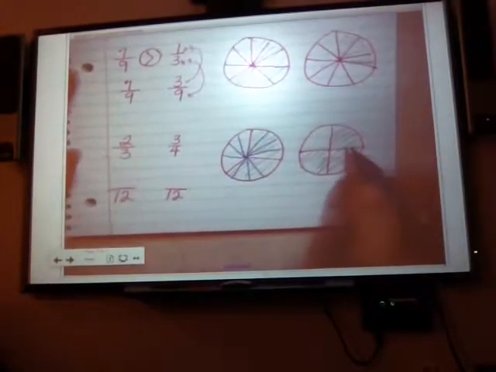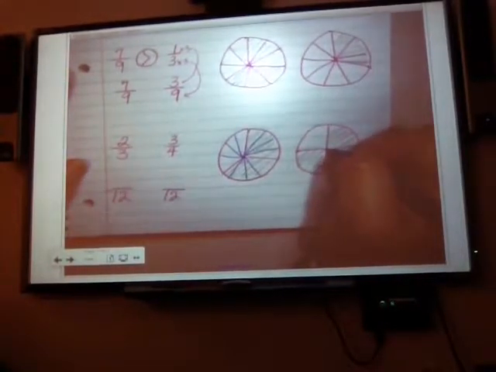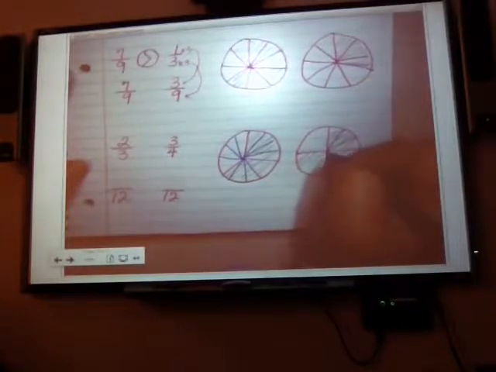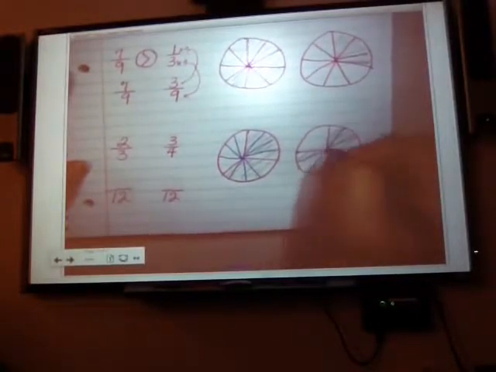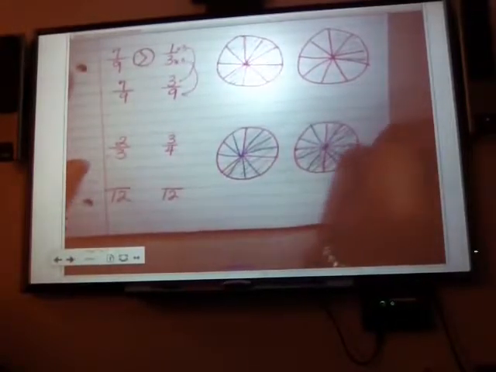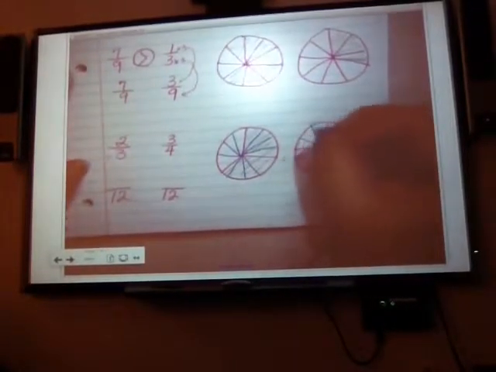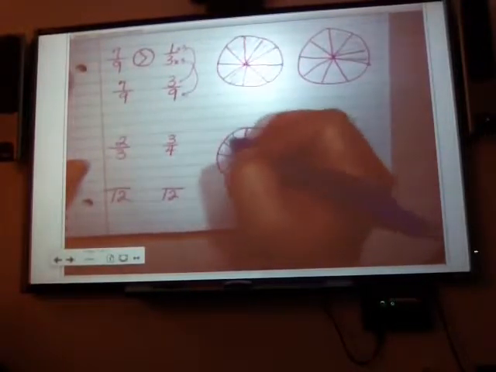And what would I separate each of my fourths into? How many times? 3. So now this one has 1, 2, 3, 4, 5, 6, 7, 8, 9, 10, 11, 12.